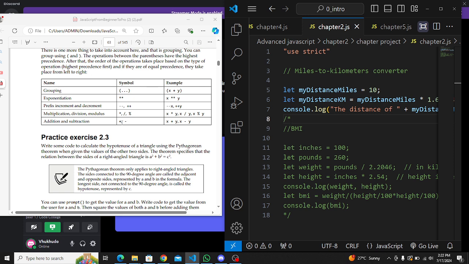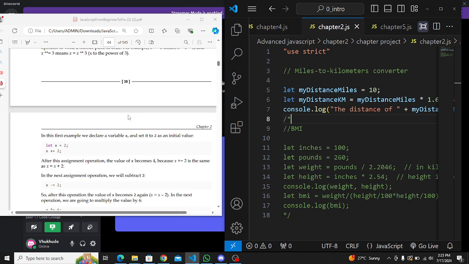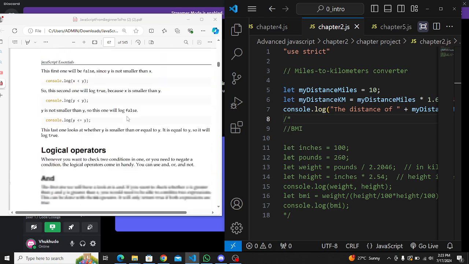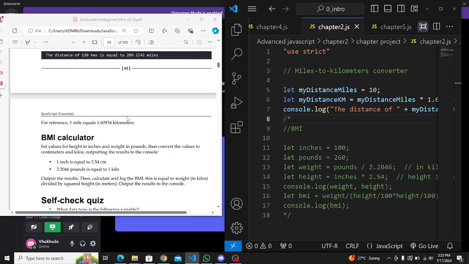Multiplication, division, and modulus. Modulus we use as a percentage. Addition and subtraction. These are just basic maths operators that we need to remember every time we're coding. So let's go to our chapter project.